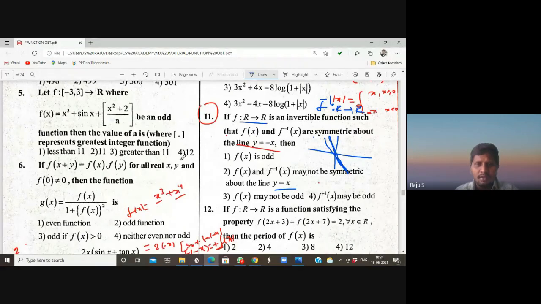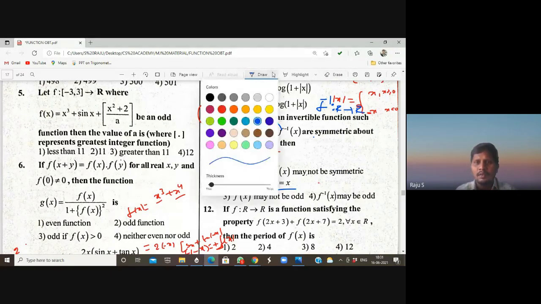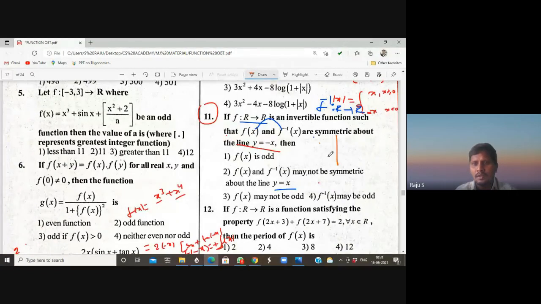That is invertible and both will be symmetric about the line y is equal to minus x. Am I right? So I told you, simply understand that this is y is equal to minus x.